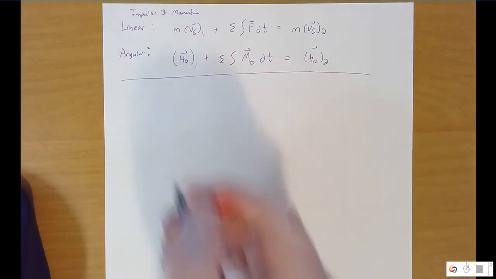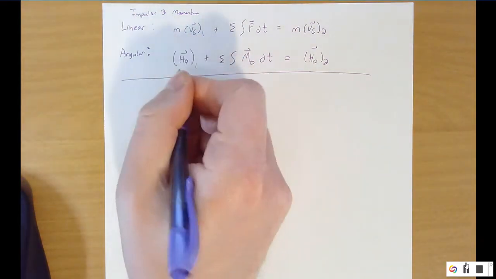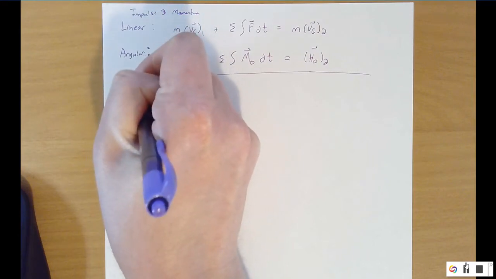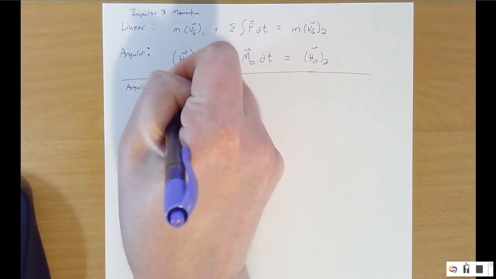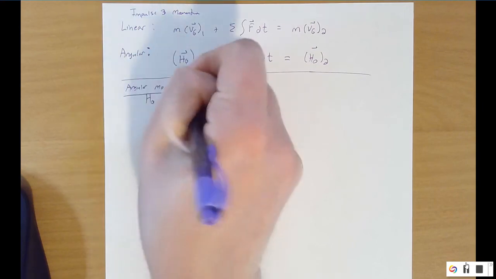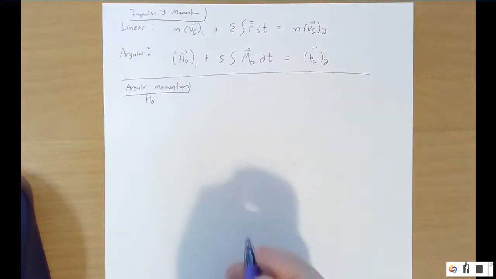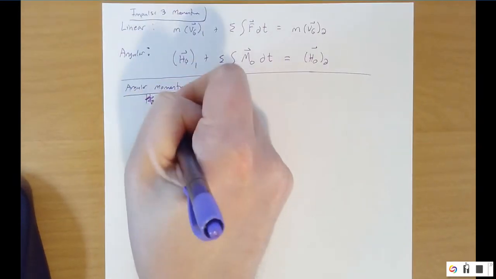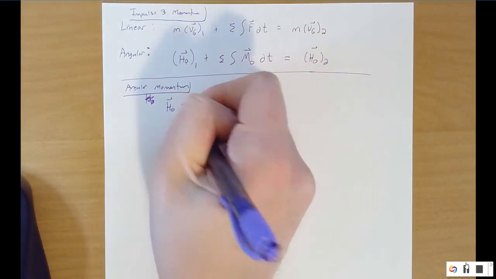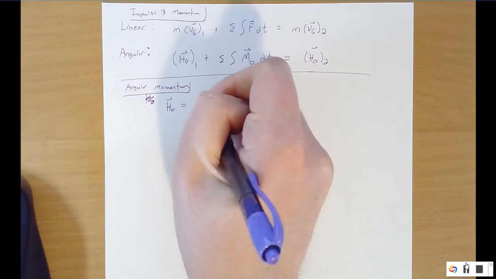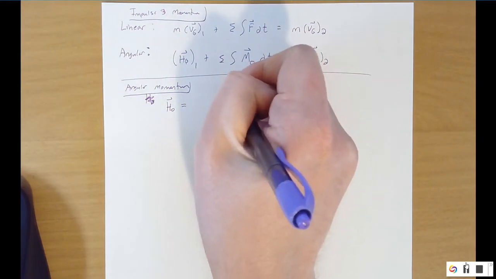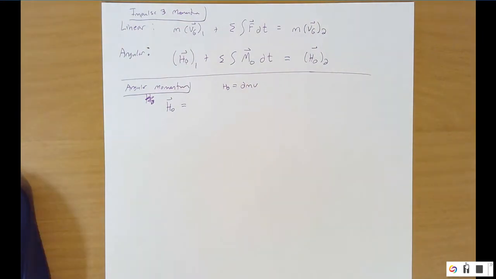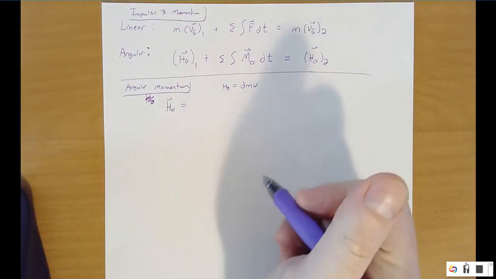So our angular momentum, which is what H naught is, so we can find that. So recall that we had H naught equal to r cross dmv for a particle, and this will kind of map down to all of this.